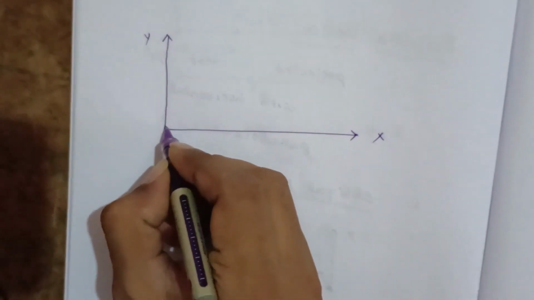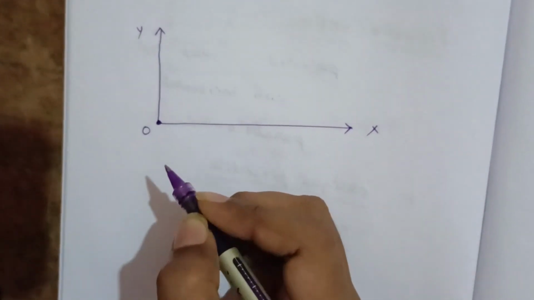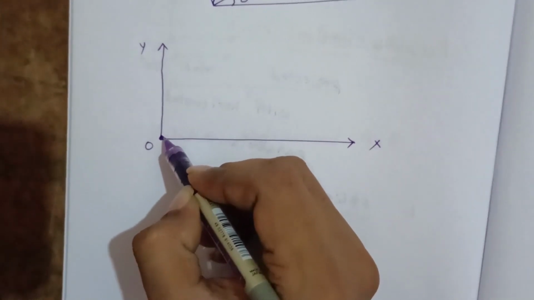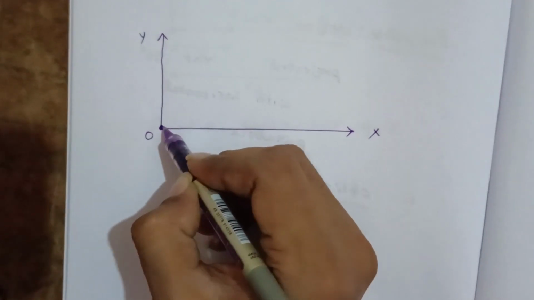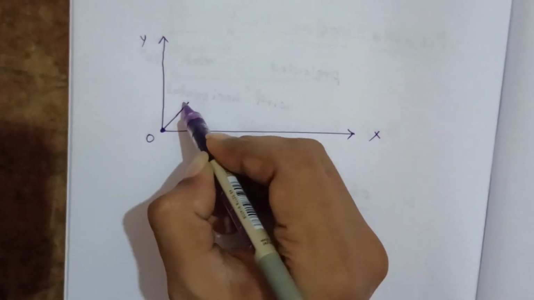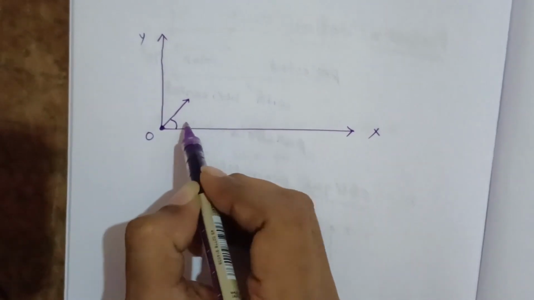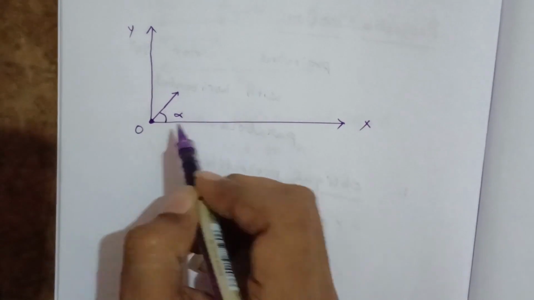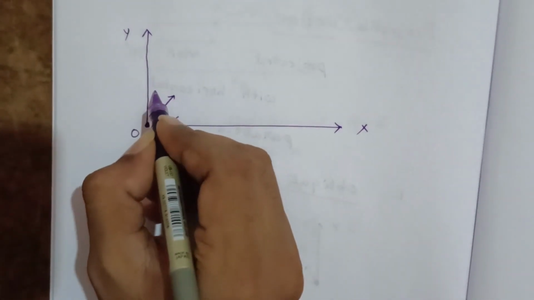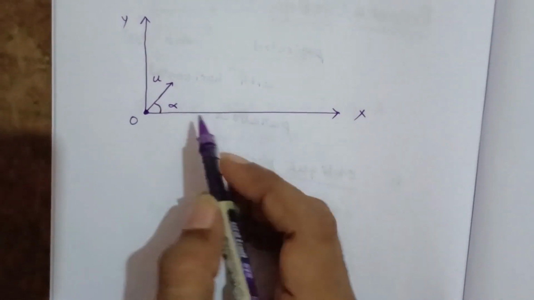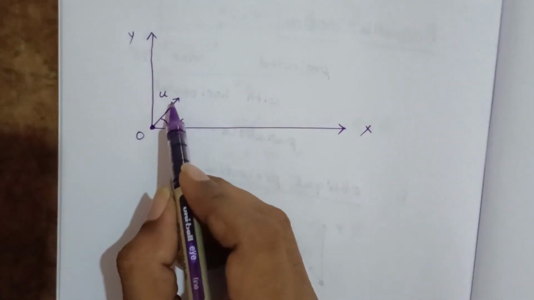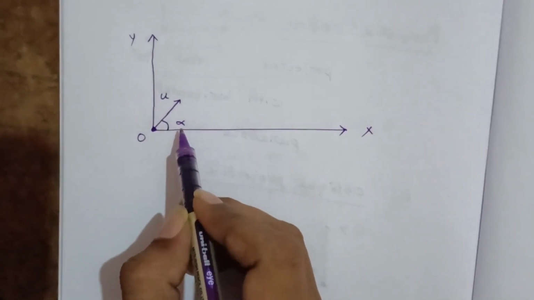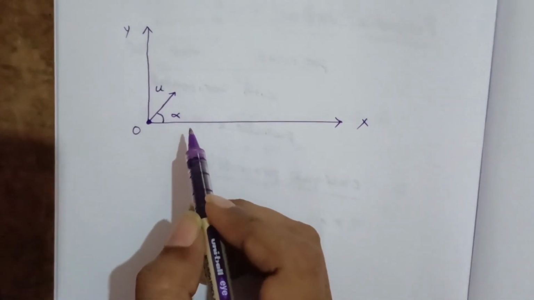This is the origin O. From point O, an object is projected by making an angle alpha with the horizontal, and the initial velocity given is u.